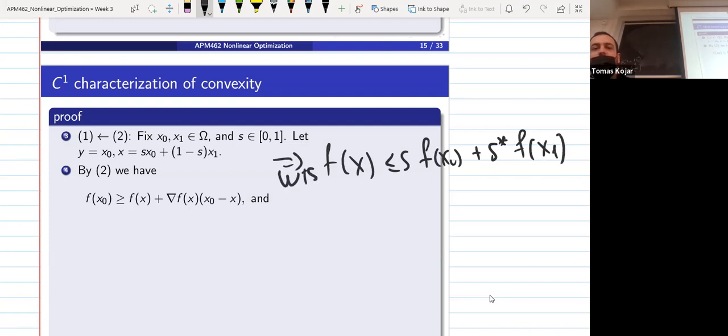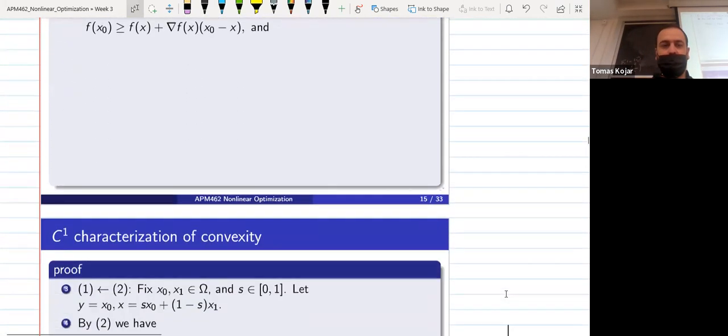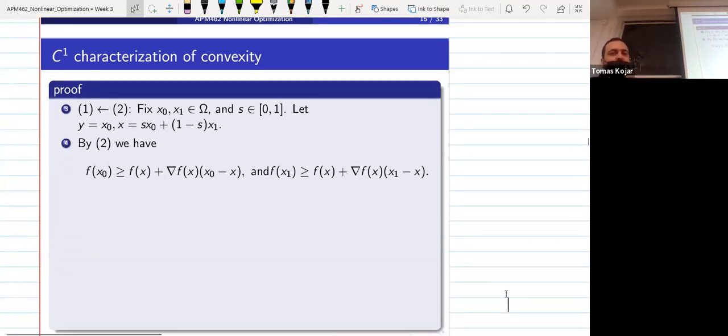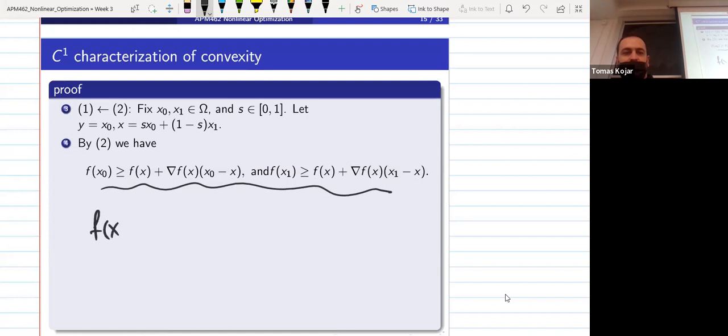That's what I want to show. So we apply it twice. Can someone tell me how to go from here to this?